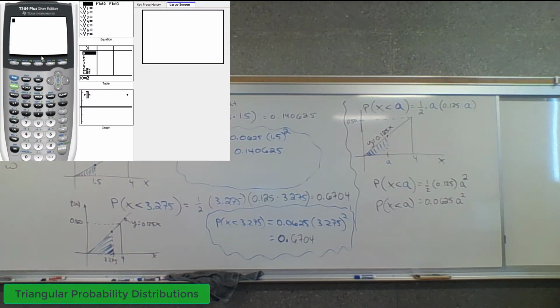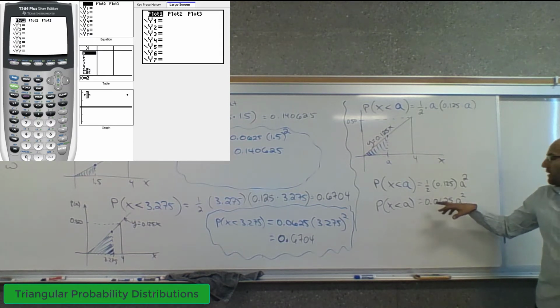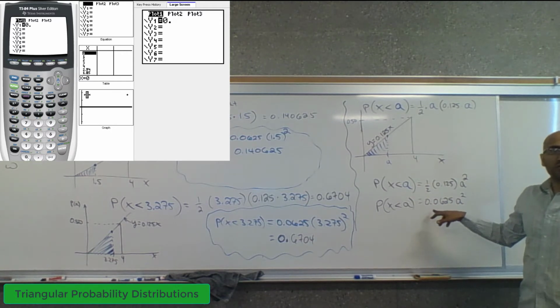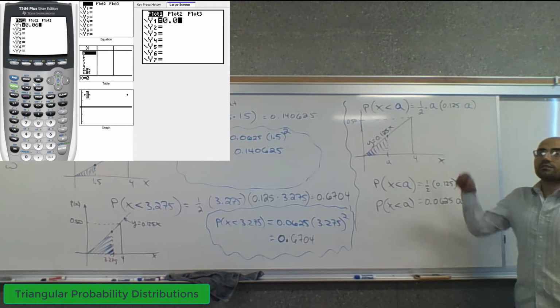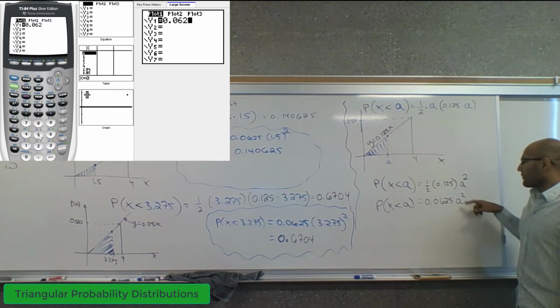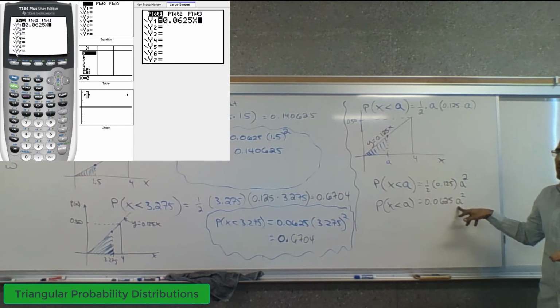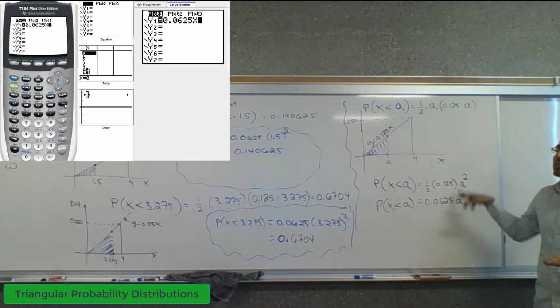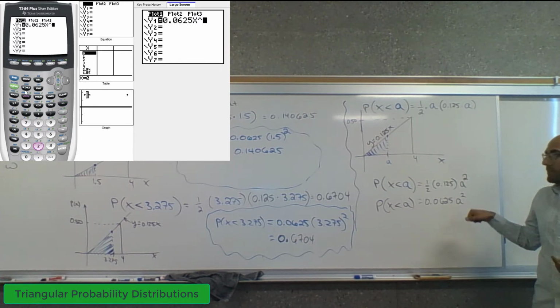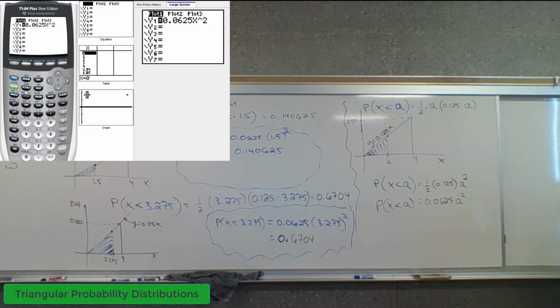We're going to go over where it says y equals, type in y equals, and then type in this equation. So we're going to type in 0.0625 x to the power of 2. Remember, our calculator is not clever enough to let us pick whatever letter we want. Calculators only work with x. So x squared. Type that in there. Okay, next, we need to go where it says table set.